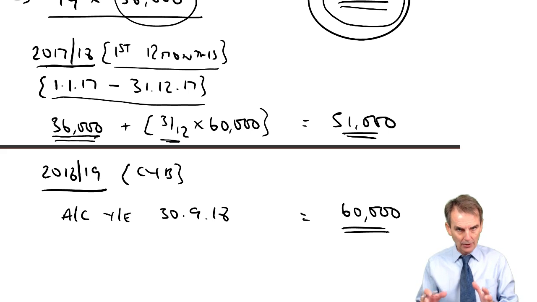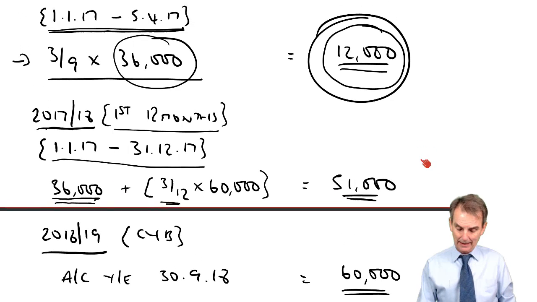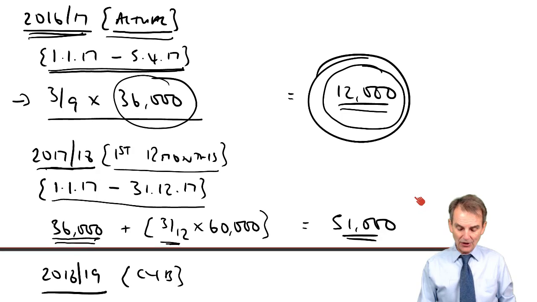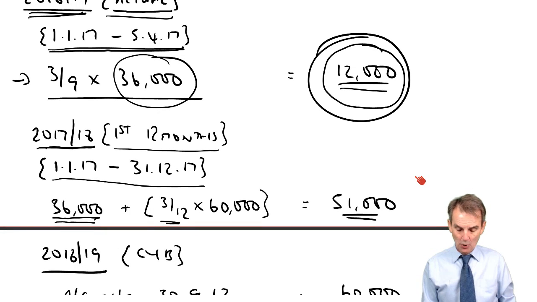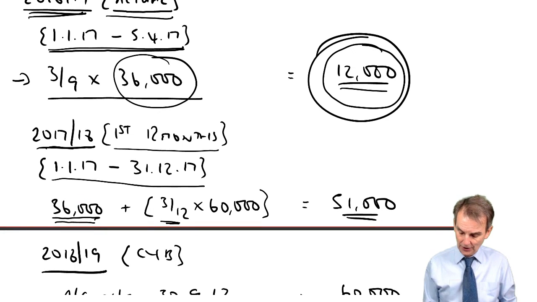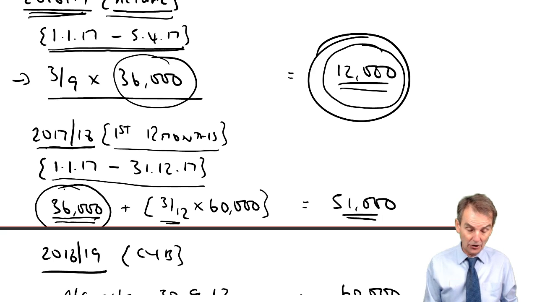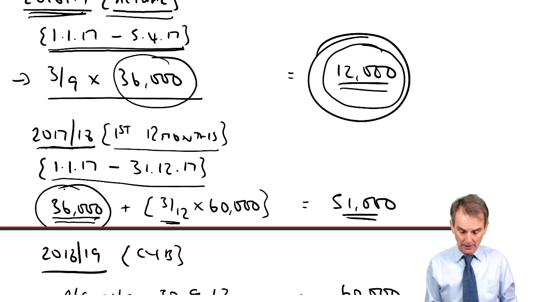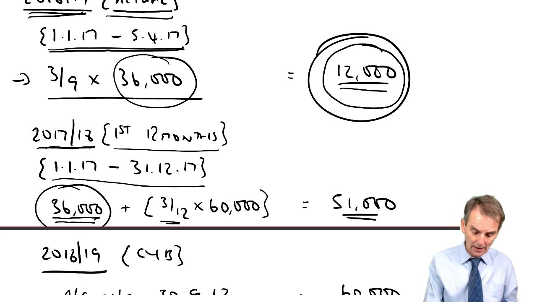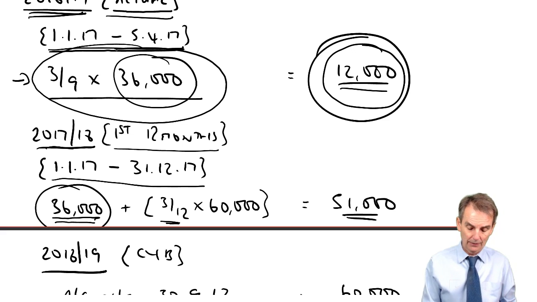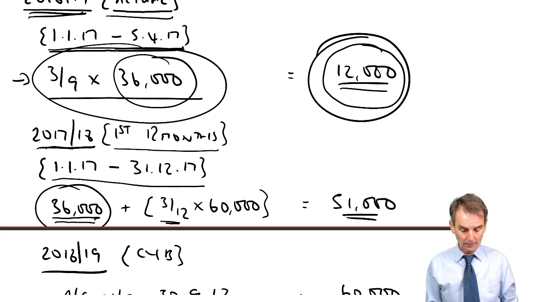Now, having applied those rules, something might occur to you which you may think to be a bit of a problem. In the second tax year, we have included 36,000, the profits of the entire opening 9-month period. But we've already included 3 months' worth of that profit in the first year.